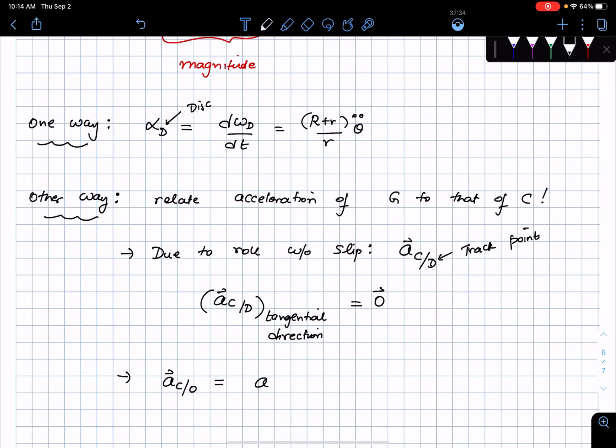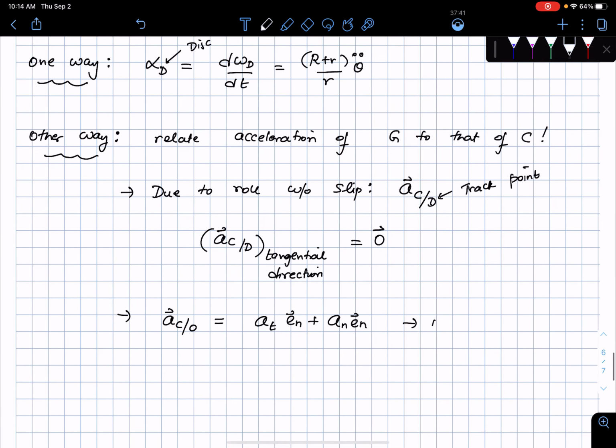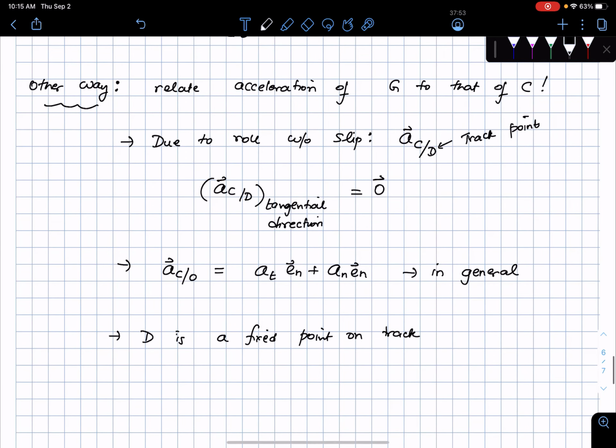But we essentially know that the total acceleration of point C with respect to some point O is going to be something in the tangential direction and then something in the normal direction. So this is in general, but point D is a fixed point on the track. Which essentially means that the acceleration of C with respect to D in the tangential direction is 0.